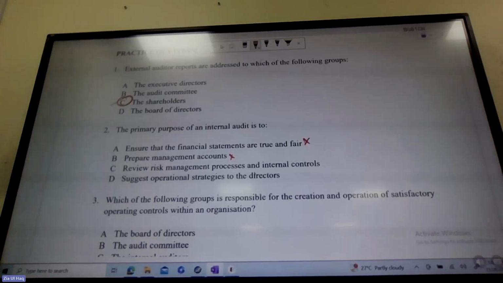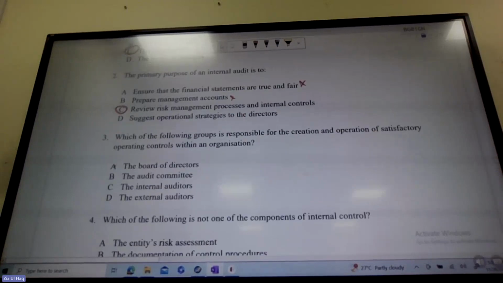Review risk management process and internal control system, or suggest operational strategies to the directors. What is his primary role? Review the internal control system. Risk management process is a part of the internal control system. So option C.